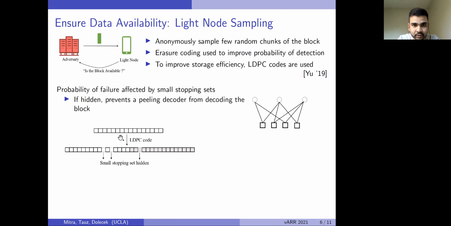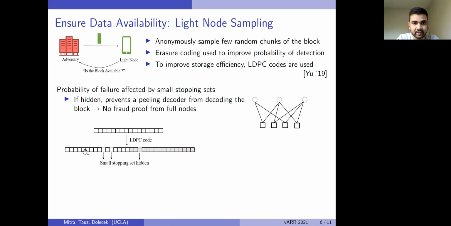Say we have this original block which is coded using an LDPC code to generate a coded block, and the adversary hides variable nodes corresponding to a small stopping set. In that case, the peeling decoder will not be able to recover the original block, and hence a fraud proof will not be created by the full nodes, and hence a successful data availability attack will occur.